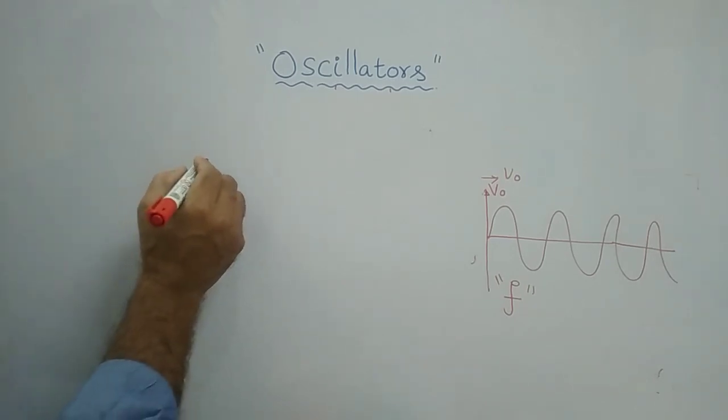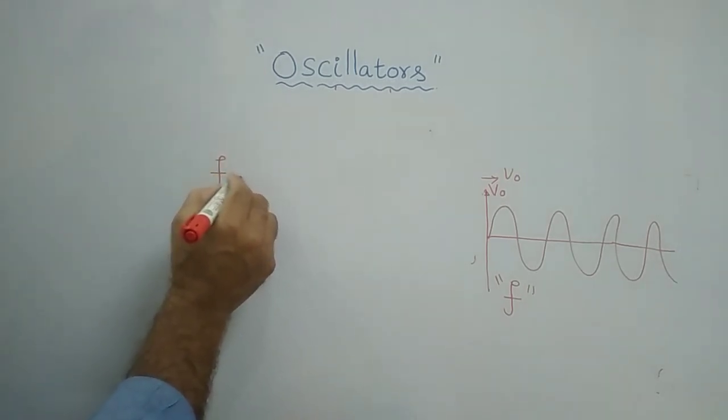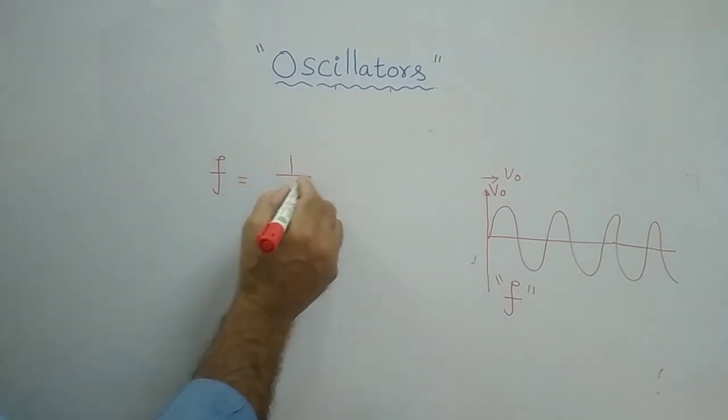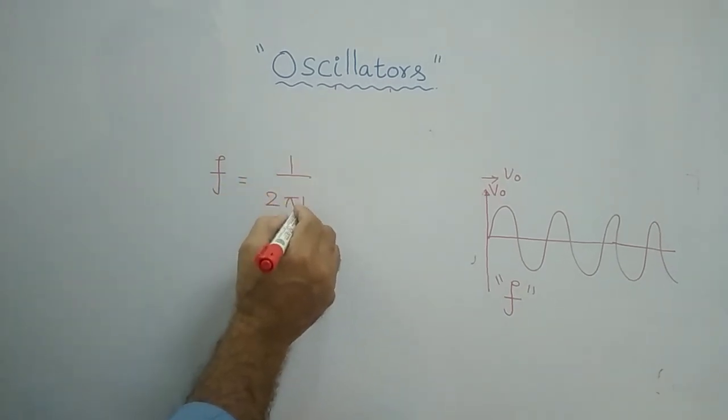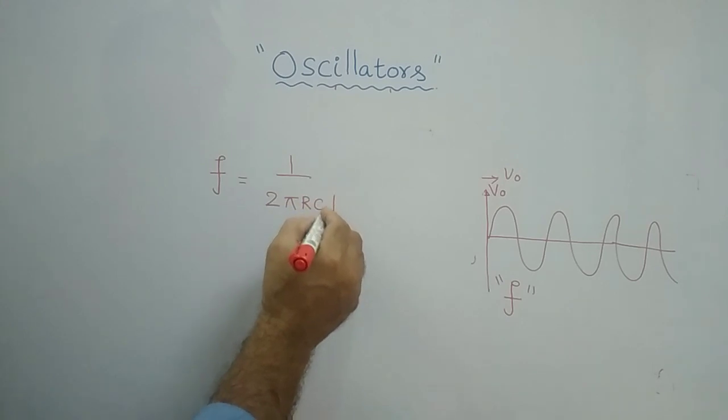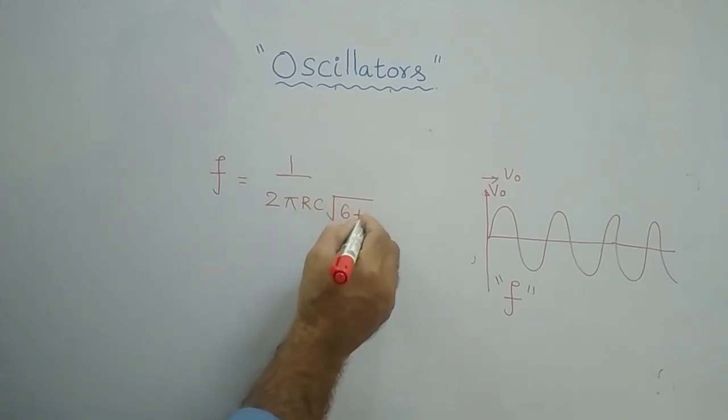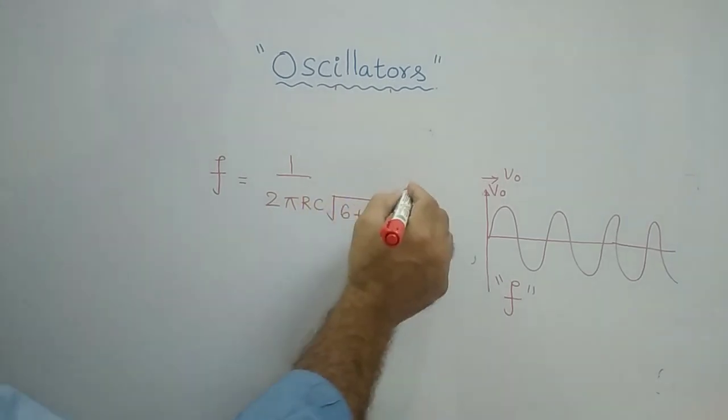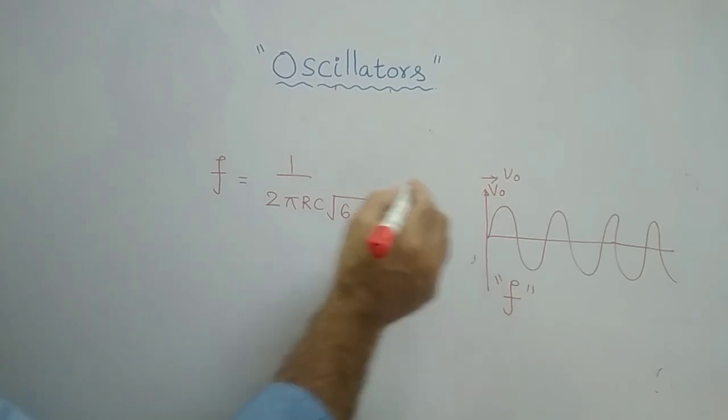F is the frequency of oscillation. F is equal to 1 by 2 pi RC square root of 6 plus 4K hertz. This we must remember.